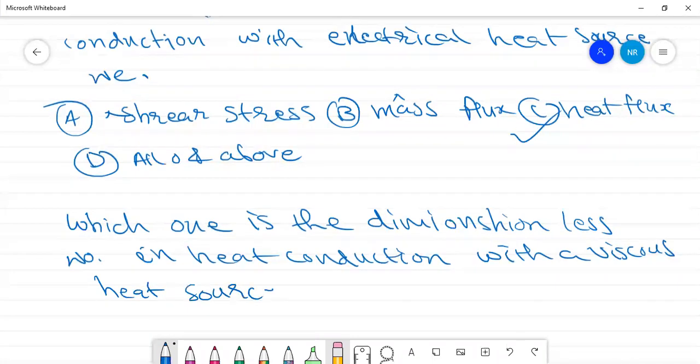So you have to see the theory of heat conduction with a viscous heat source.